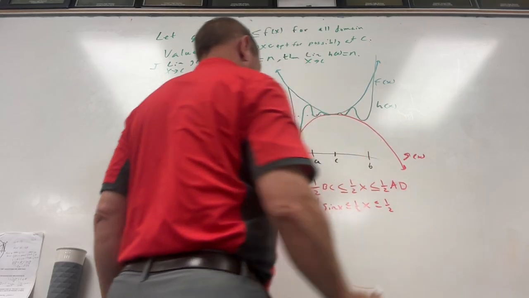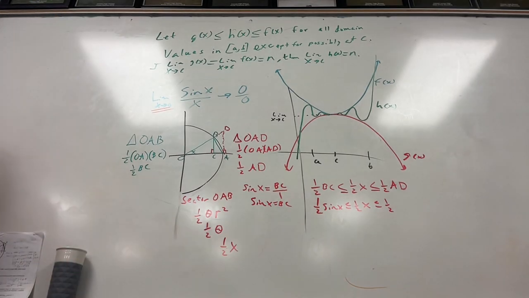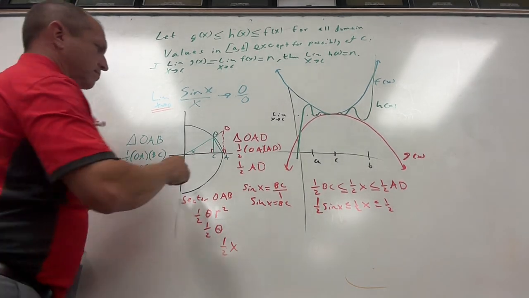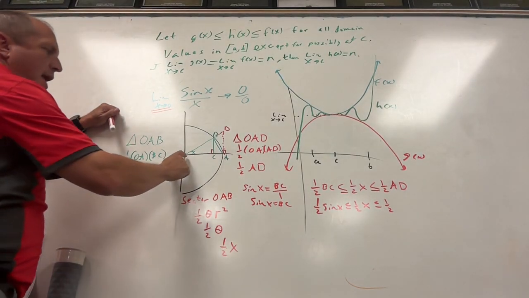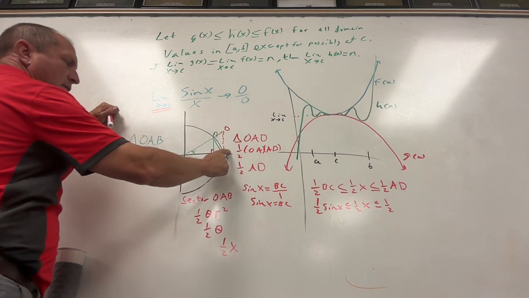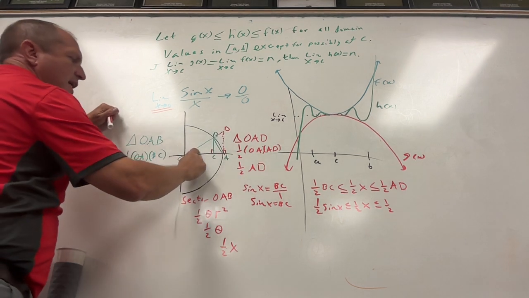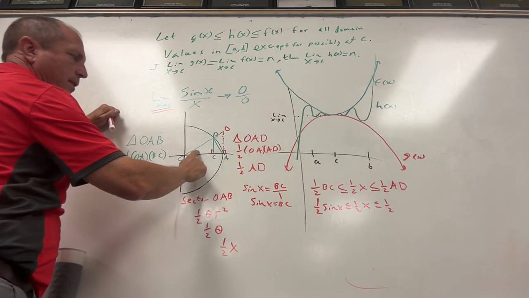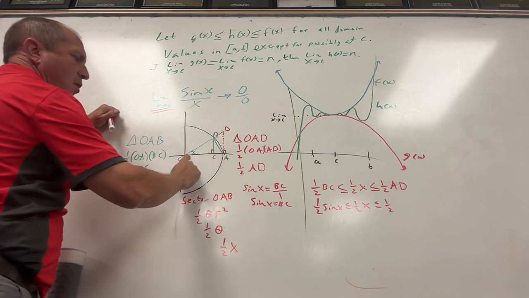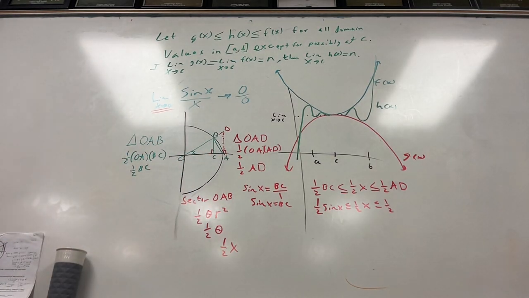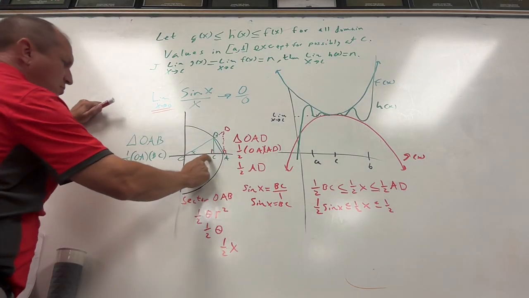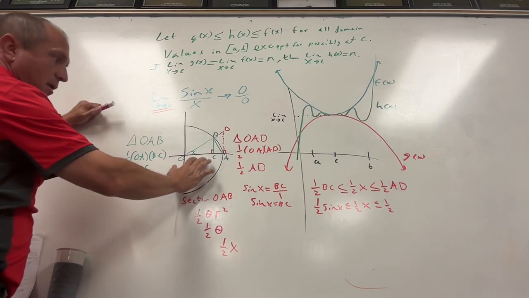Now, what about AD? Well, if we talk about AD, this side right here, would you agree that the tangent of x is equal to AD over OA? Now, the tangent of x is also equal to BC over OC, but that doesn't help me any.